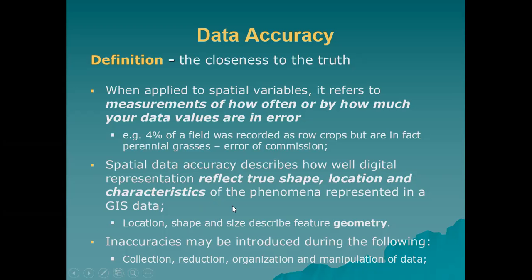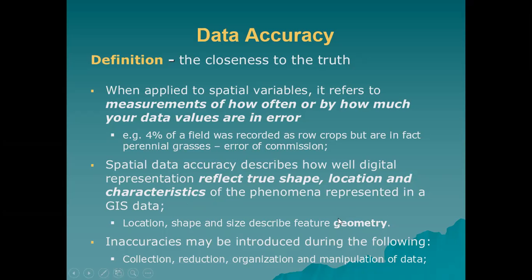All of these will be represented on your map. So all of these, in terms of shape, location, and other characteristics, size, etc., we can actually categorize this as saying that we are describing the geometry of our map.